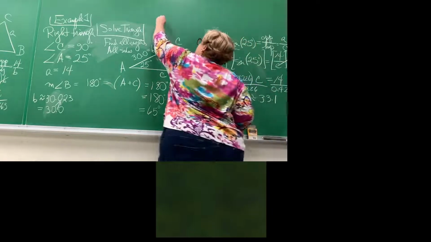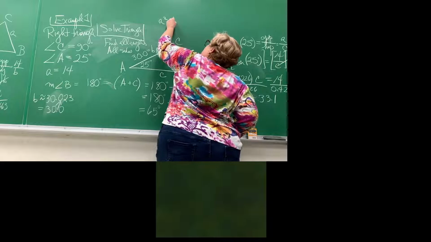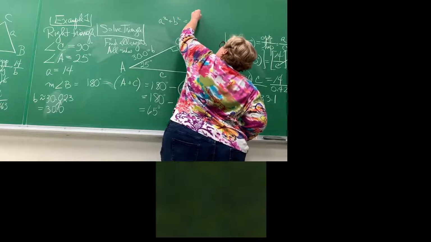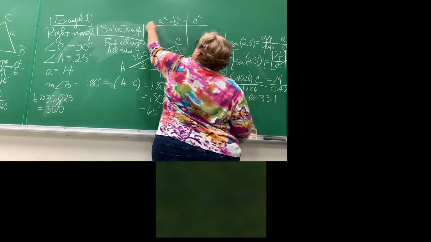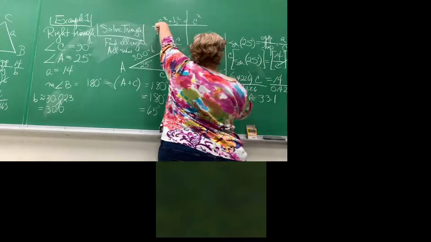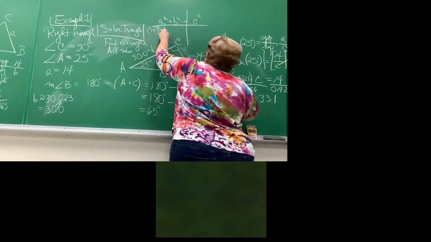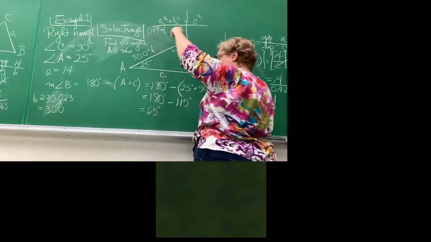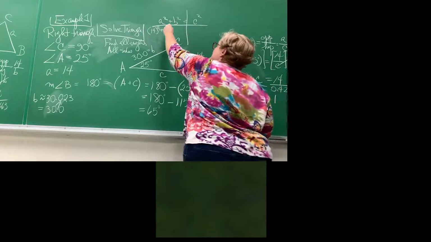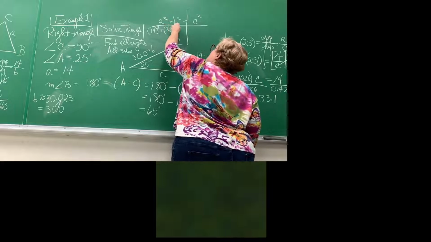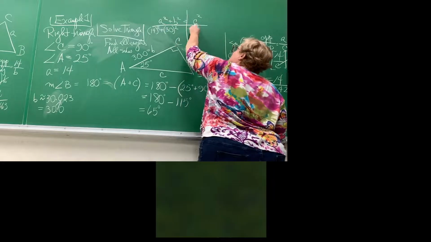So we know that a squared plus b squared is c squared. So let's see, we were given a. We found b to be 30. And we found c.